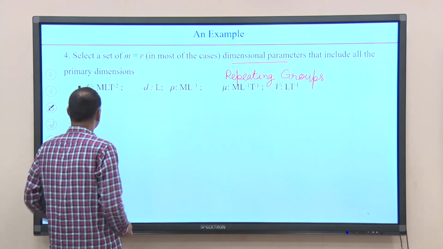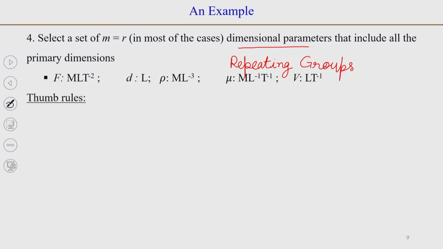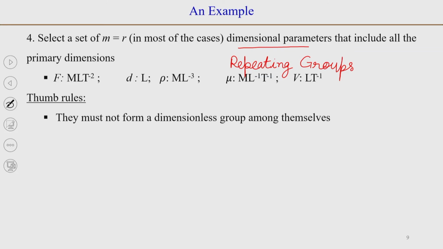So, we see here all the dimensions written. Now, some thumb rules to decide the repeating groups. They must not form a dimensionless group among themselves.